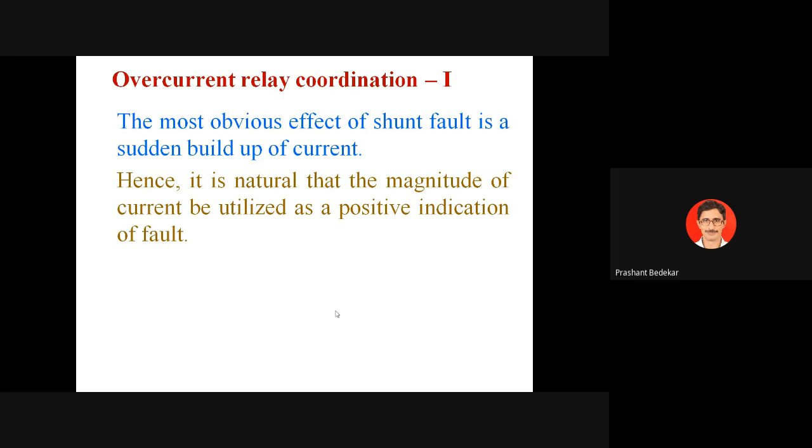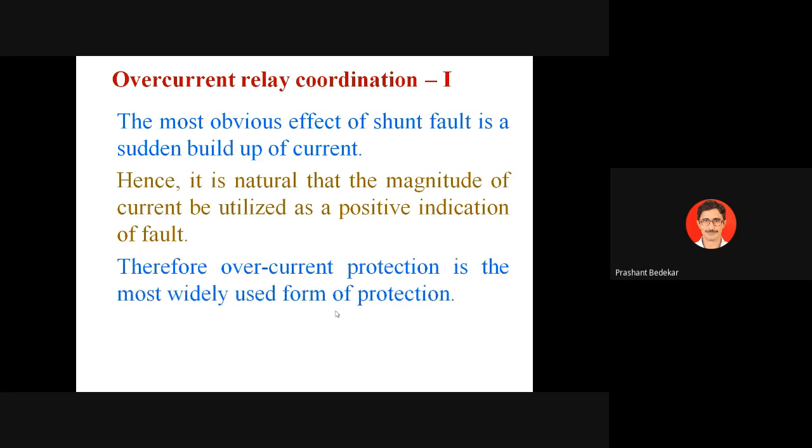You know the full load current plus 25% safety margin. If the current exceeds full load current plus 25% of that, or 20%, whatever safety margin you have kept, then it is treated as a fault current. So magnitude of current can be very easily utilized as a positive indication of fault.